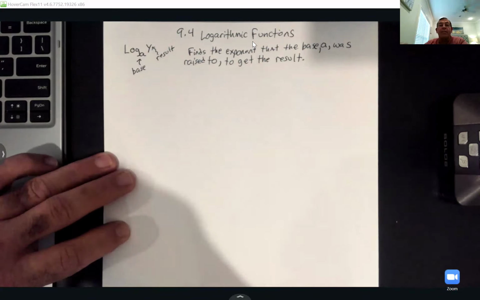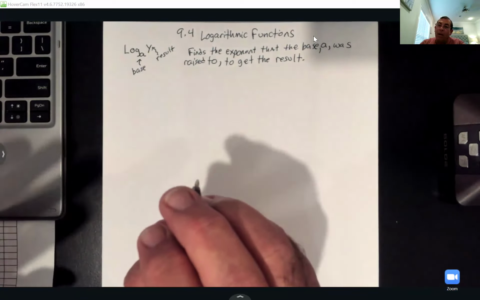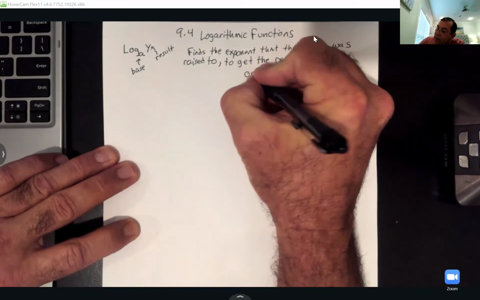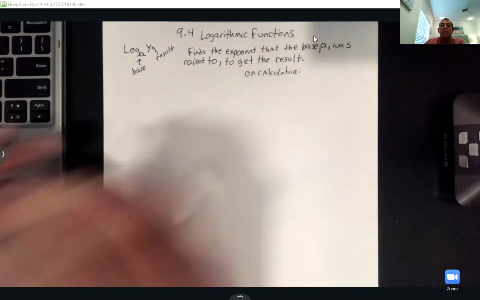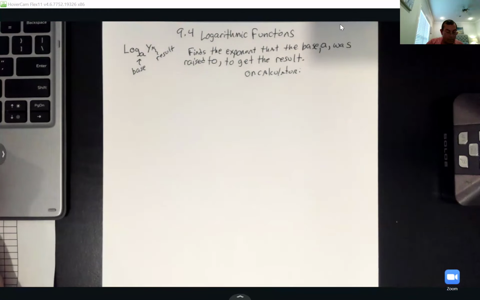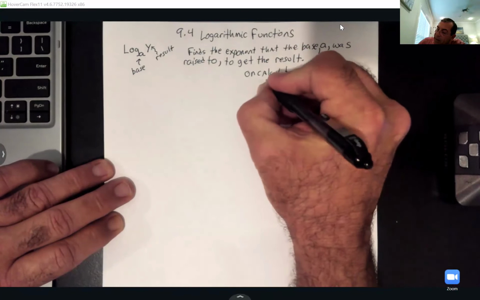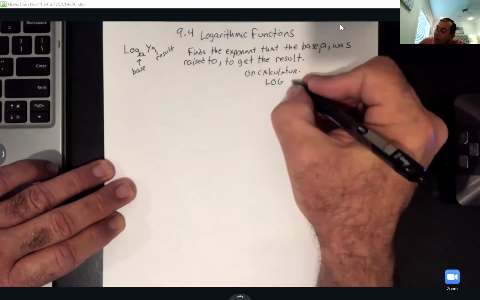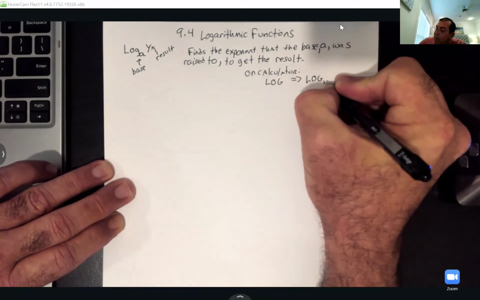So let me give you a few examples of what I'm actually talking about. Now, on your calculator, next to the 7 down there, you'll see a log button. This is for a log base 10.